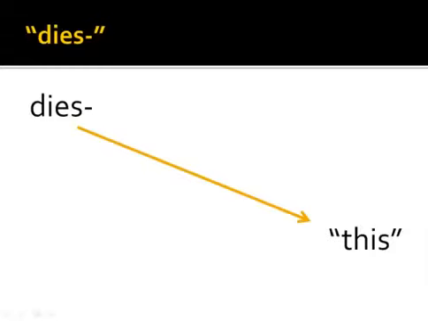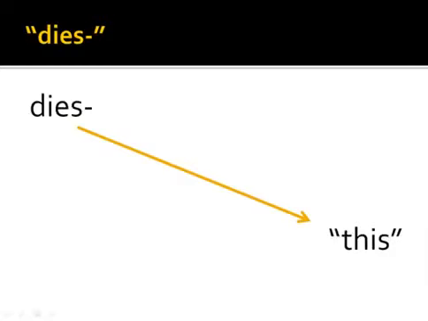I have dies with a dash. That's because I need to know a little bit more about the noun that this der word modifies. Is it a masculine, feminine, neuter, or plural noun? Is it in the nominative or accusative case? Once I get more information, I'll be able to tack on the appropriate ending.